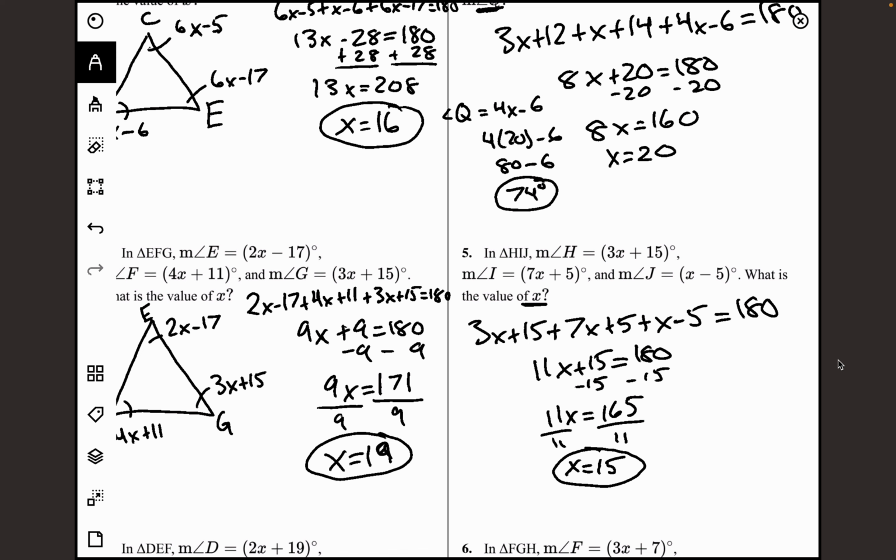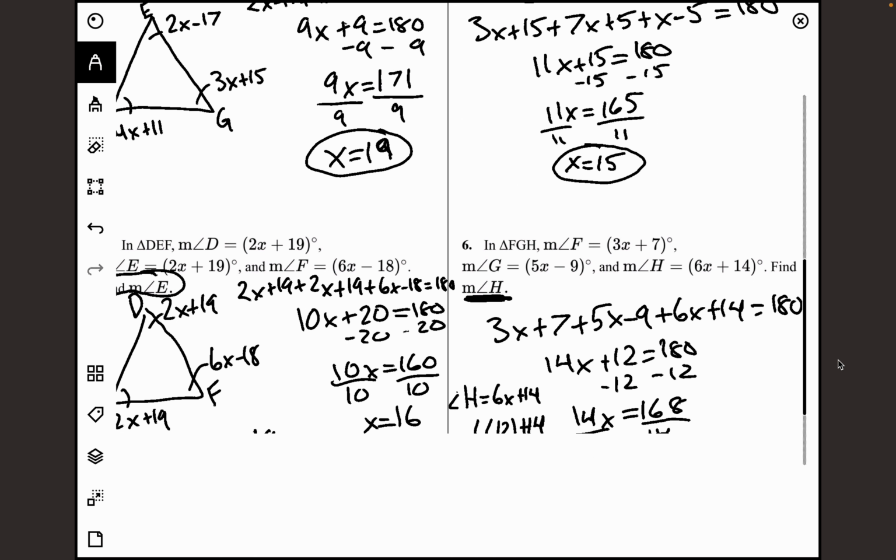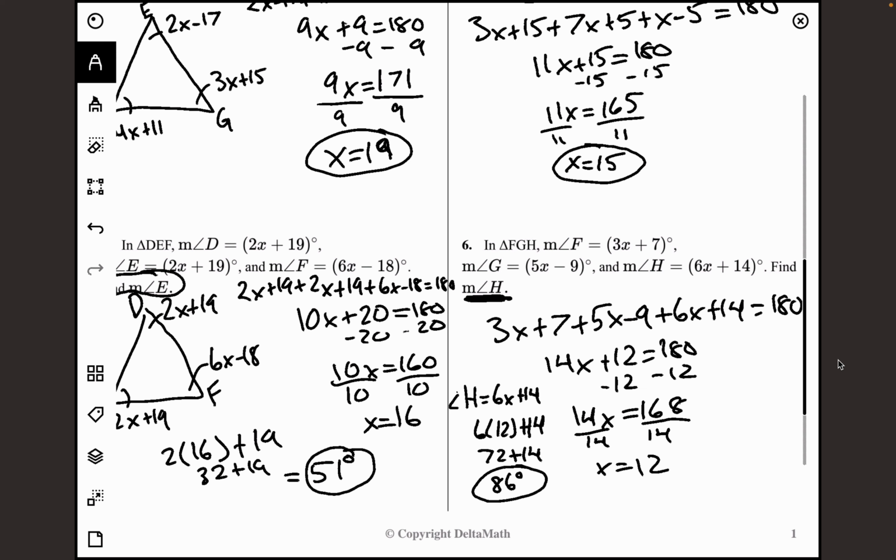Which one's the outside one? So like, how do we know which one's this one? So, if it says GHI, pay attention to that middle letter. So if it's GHI, where's this angle? Okay, so write that down. So GHI would be this 3x.